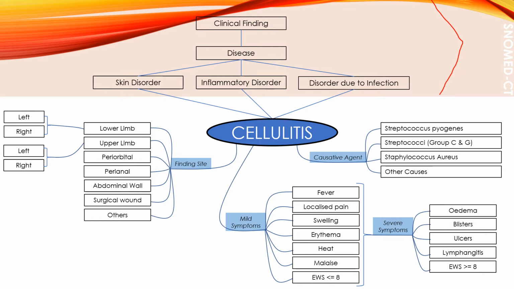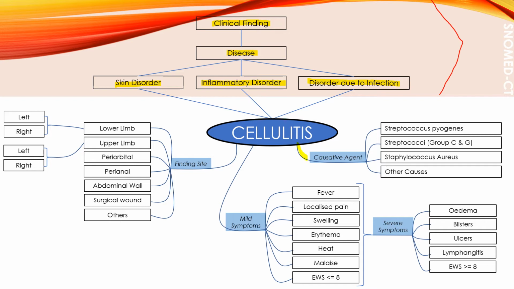So from what we can gather here, cellulitis is a skin disorder, it is an inflammatory disorder, and it is a disorder due to infection. It is a disease, and it's usually under the concept of clinical finding. The bottom part here is what I have made up from the different literatures that I have read.